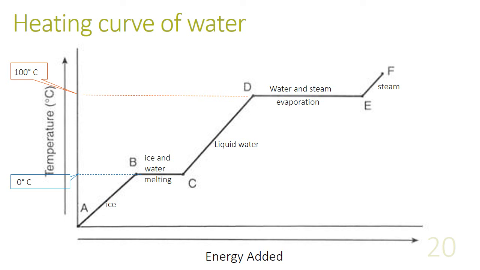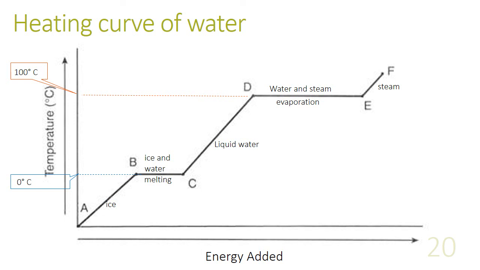So again, from point B to point C, we have both ice and liquid water present, and the ice is melting. If we continue to add heat at point C, all the ice will have melted. It's all liquid. And then if we keep adding heat, the liquid water will heat up, heat up, heat up.